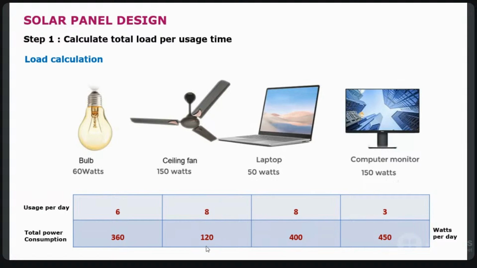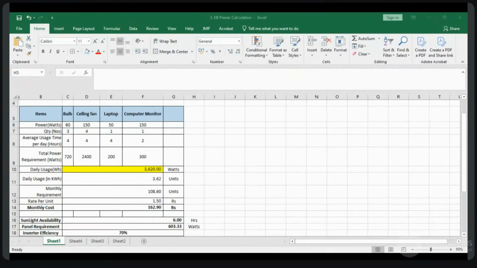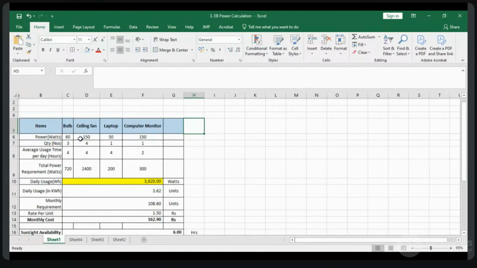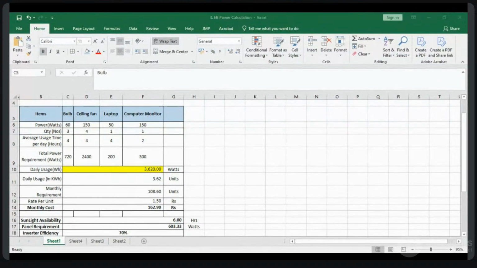I will share one Excel sheet. Is it visible?